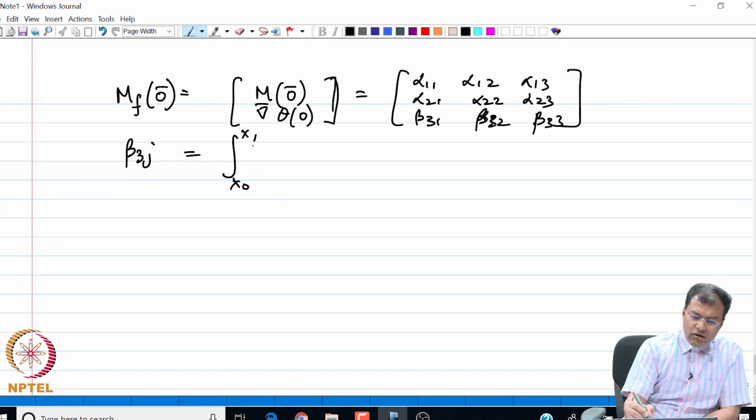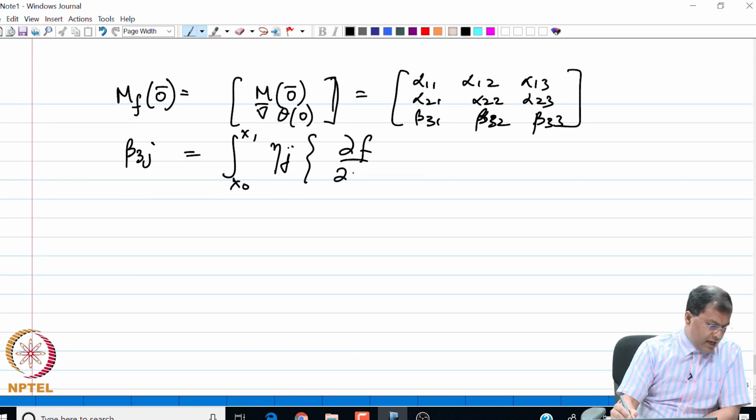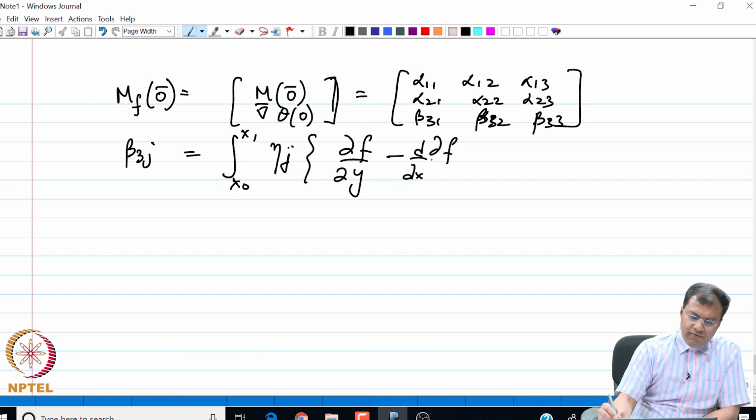I get the integral from x0 to x1 of eta j times (del f del y minus d dx of del f del y prime) dx.